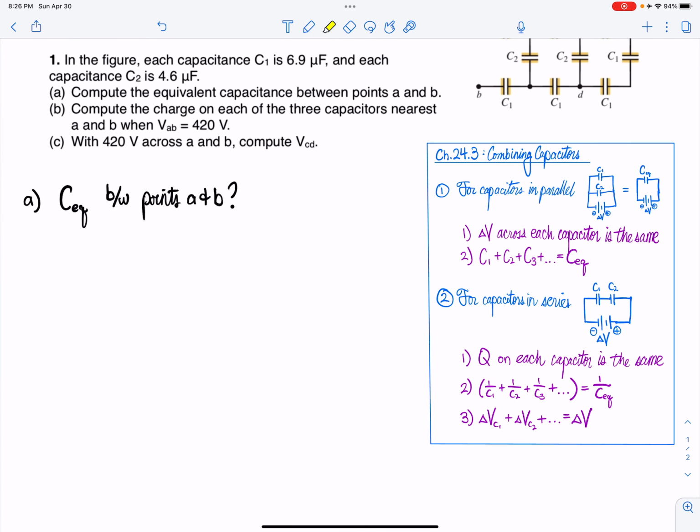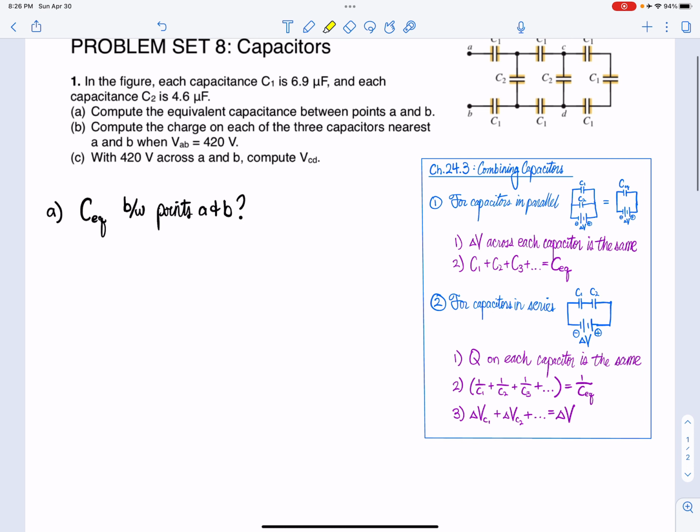Okay, so back to part A. Find the equivalent capacitance between points A and B. So I'm going to draw my circuit.